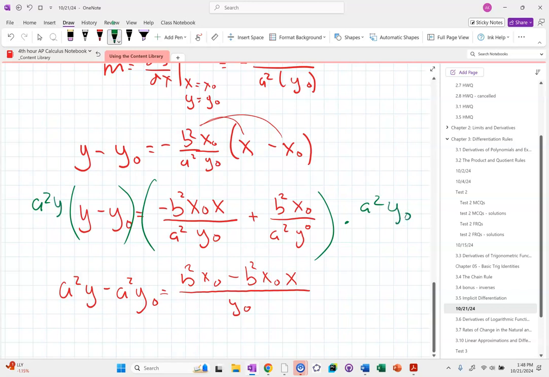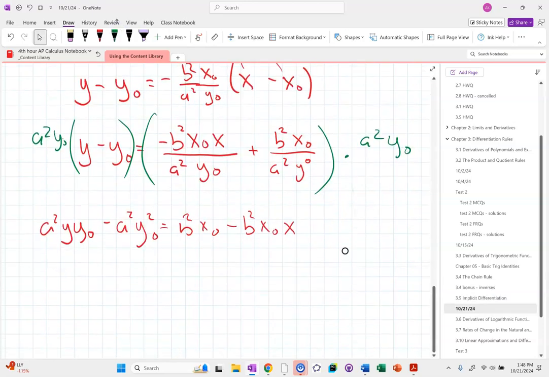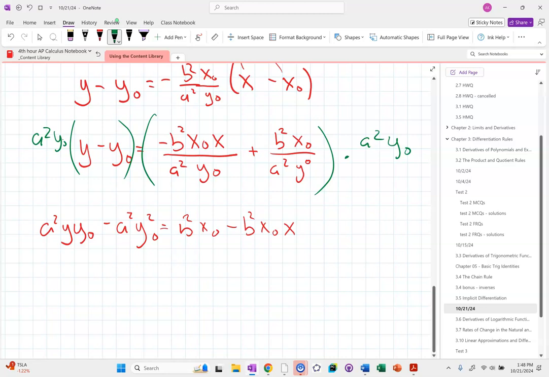I think I do want to do this. Let's get rid of all the fractions here altogether. Let's try it. Okay. So what I'm going to do next is add this b squared x naught x over and then add this a squared y naught over.